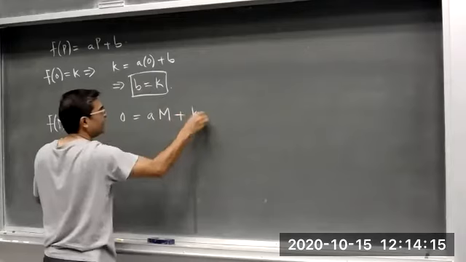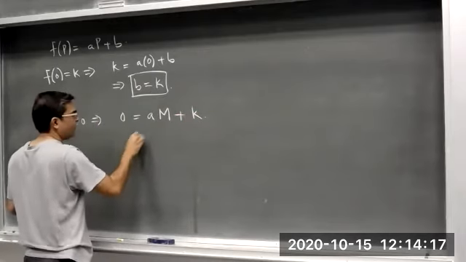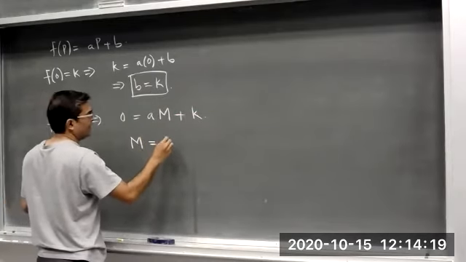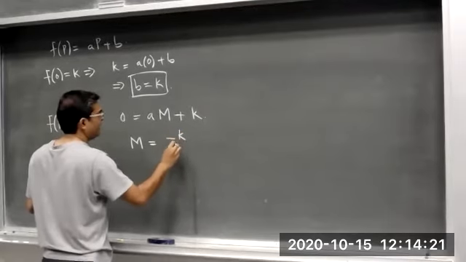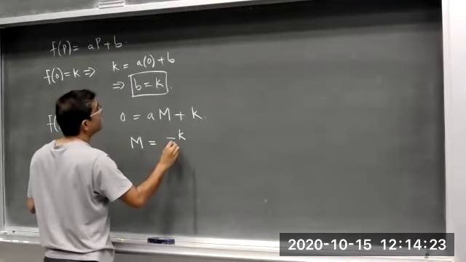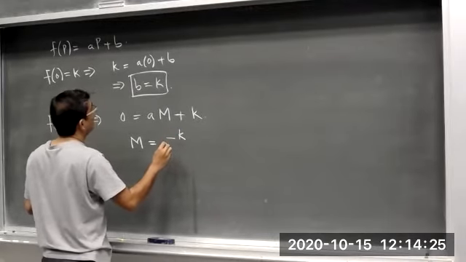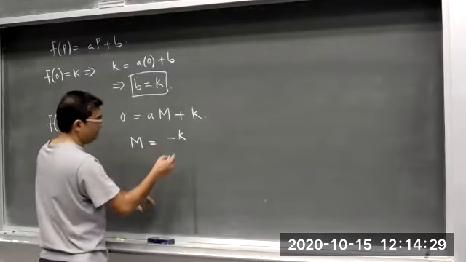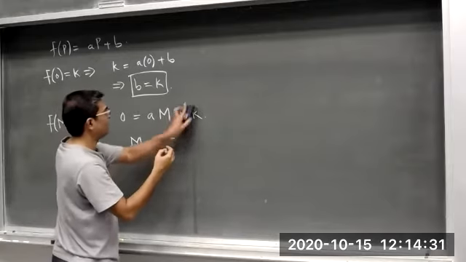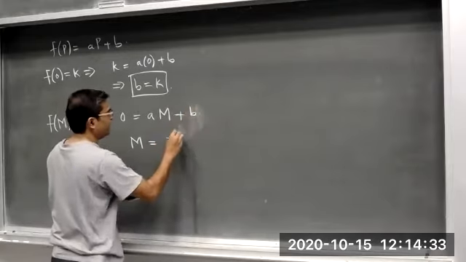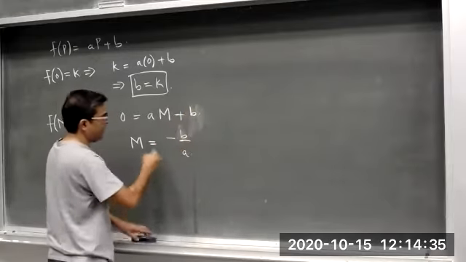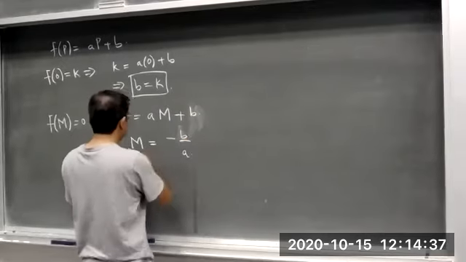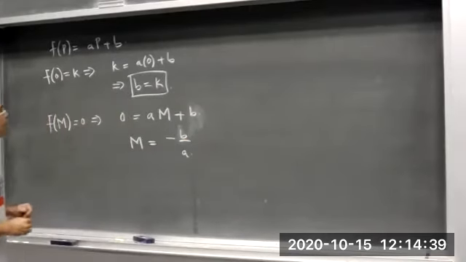It is k. So from here, what is the value of m? It is negative k divided by a. If we write it as b, it is negative b divided by a in that case. So this is the value of m.